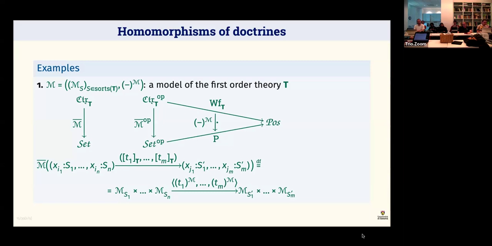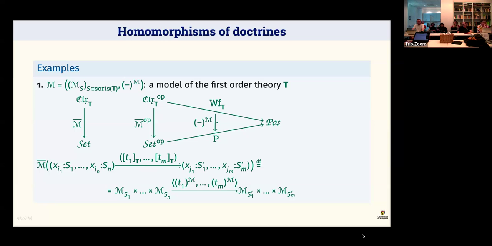The thing that is actually required to be done is how to define the functor preserving products. I have to go from contexts first, and then I'll have to act also on arrows, but I'll have to go from contexts, so lists of variables with sorts, into the category of sets. The interpretation tells me that if I have a context with a single sort, then I know how to interpret that variable.